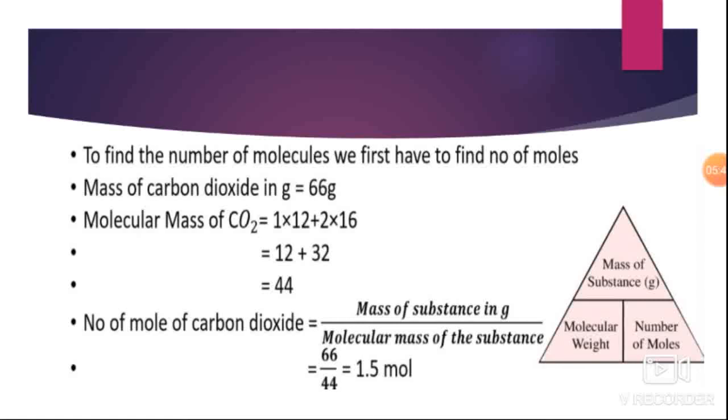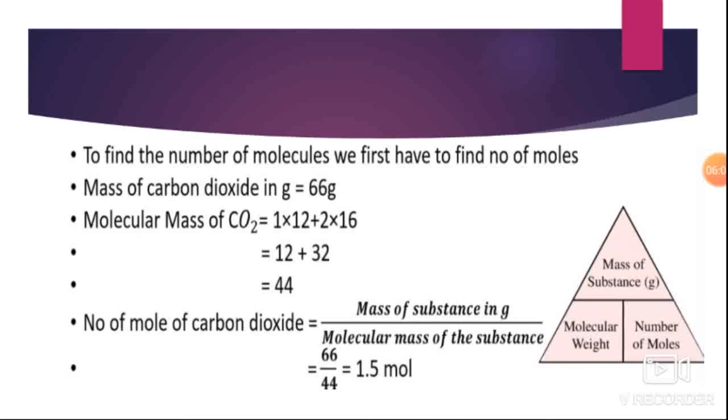Every time we cannot make a table to find the molecular mass, so we do it vertically. How to do it? I have shown 1 into 12. So what is 12 here? Carbon's atomic mass is 12, and in the formula there is only one atom of carbon because there is no 2 or 3 written after it. So it means there is one.